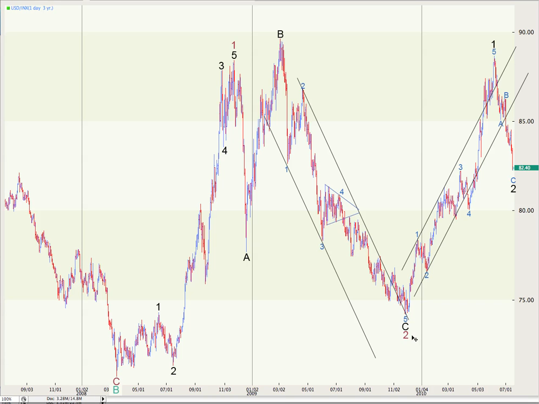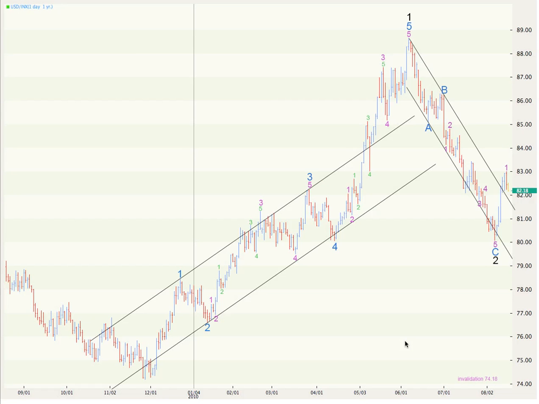Taking you now to my 1-year daily chart, where this maroon 2 down here would be here if I put it. I keep forgetting to put that one down there anyway. This is the same point. I have a 1, 2, 3, 4, 5 waves up for an intermediate 1 and an ABC zigzag down for intermediate 2, working on an intermediate 3rd wave to the upside now.